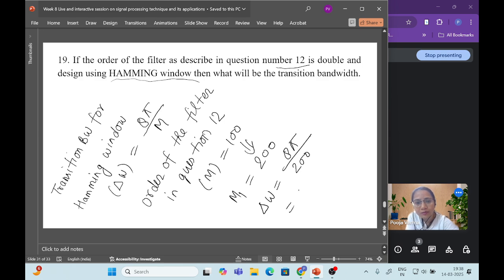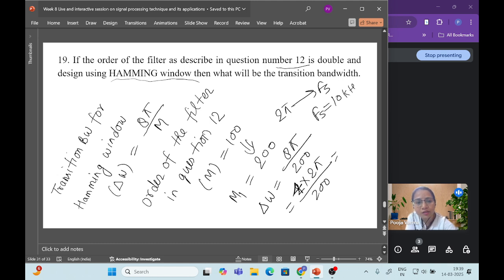But 8 pi, how can we write it? 4 into 2 pi divided by 200, and that 2 pi, we already know, represents the sampling frequency. The sampling frequency in that question is given as 10 kilohertz.